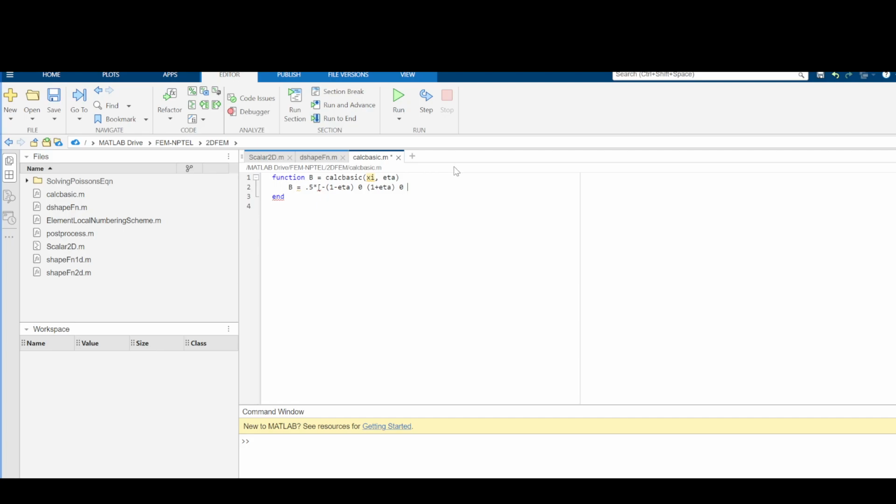0, minus 1 minus, 0, then minus 1 plus eta, then 0.